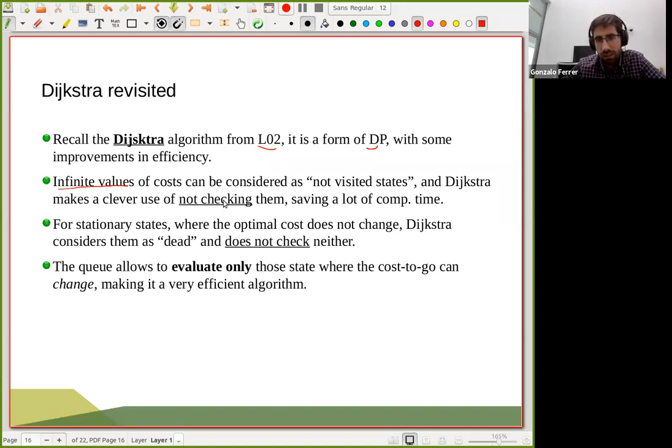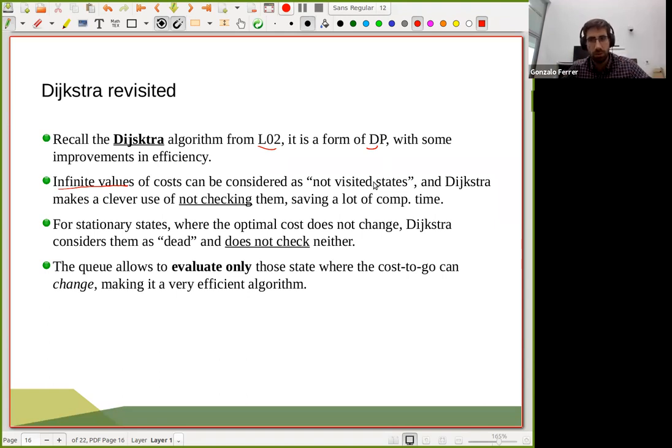So what Dijkstra is doing is a clever way of considering these not-visited states not worth evaluating, right? You don't check them, you know there's not going to be a good solution, it's going to be bad whatever you do. You are not wasting time doing this kind of useless checking.